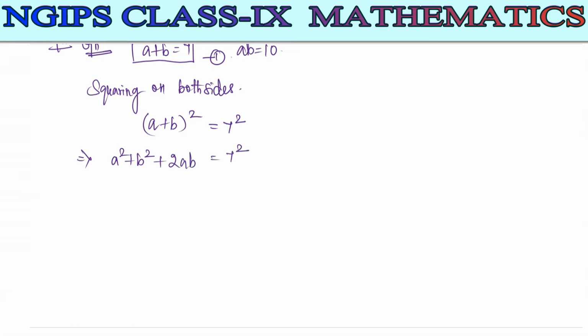So here we know ab is equal to, the value they have given here, it is 10. So a square plus b square plus 2 into ab value, it is 10, is equal to 7 square. So a square plus b square is equal to 7 square, it is 49.